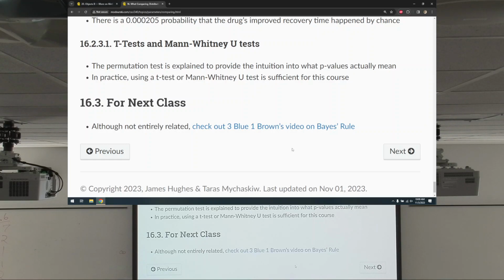There's nothing stopping you. In scipy.stats, there is a built-in permutation test. It'll do it for you. It's hilariously easy to do. It requires a little bit more work than just doing a Mann-Whitney U or a t-test, just because you have to give it the statistic you're trying to actually compare.